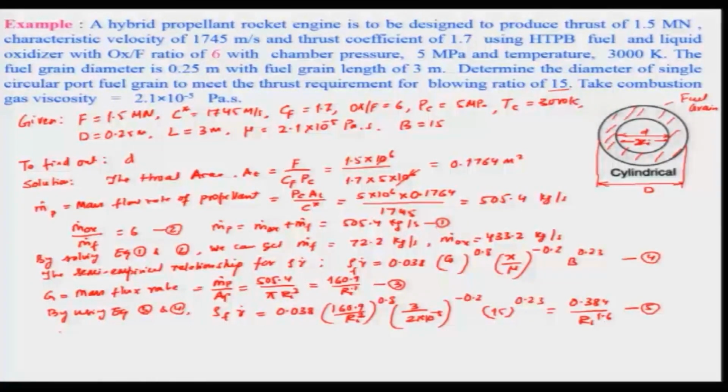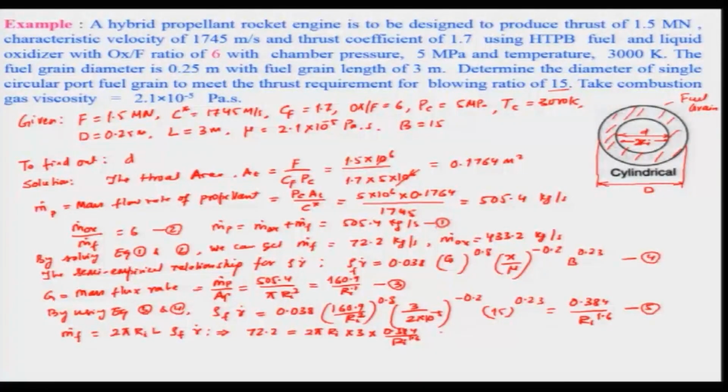We know that the mass flow rate, that is m dot f, is nothing but 2 pi r I L, this is your total area, into rho f r dot, and if I put this here, m dot f we already know, that is 72.2 is equal to 2 pi r I into 3 into 0.384 divided by r I to the power 1.6.